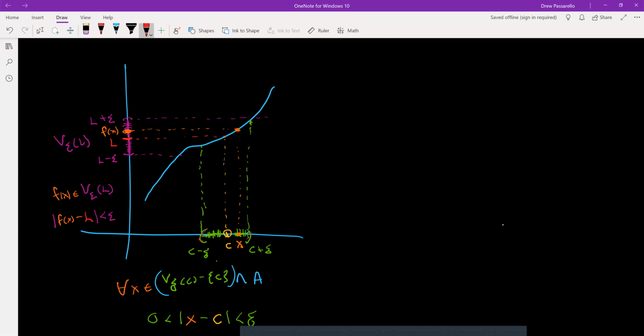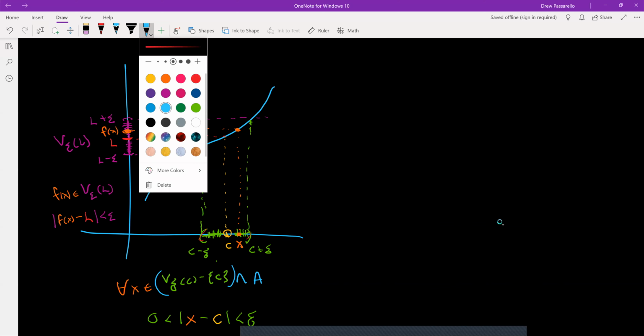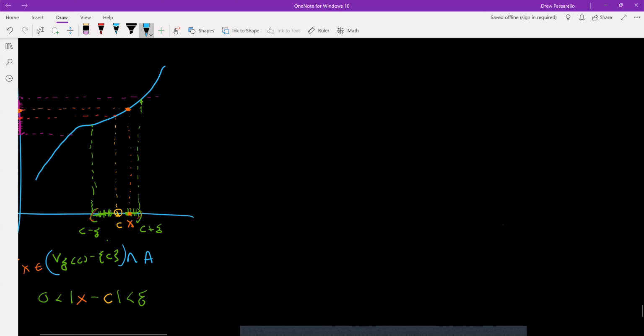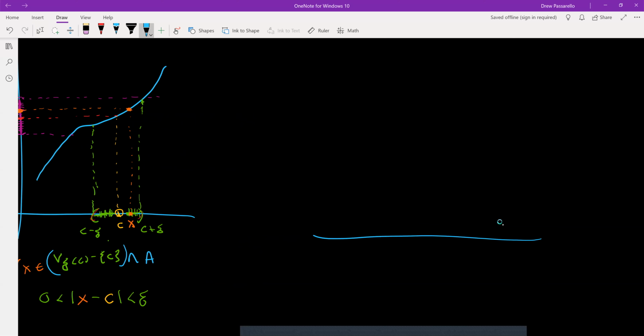Let me redraw it. Okay, so say this is our curve, and let's say A goes from here.